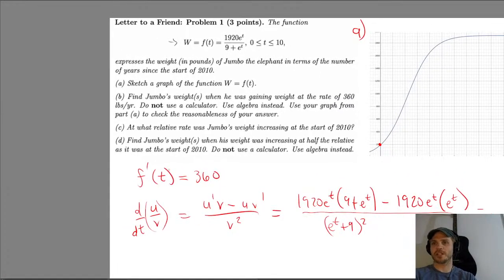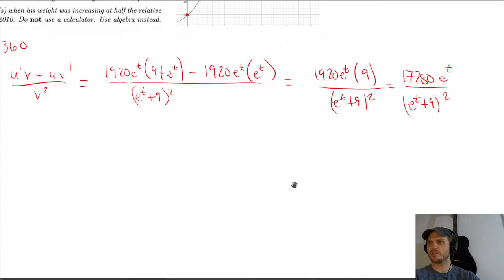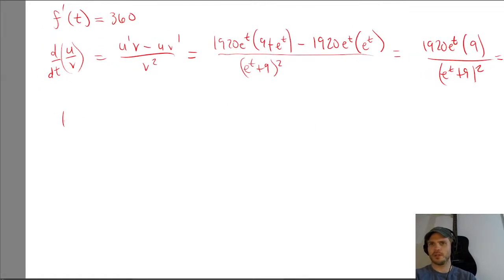And so let's go back to the question. It says find Jumbo's weight. So you want to know his weight. You want to know f of t at the time when he's gaining weight at 360 pounds per year. And so we need to set this equal to 360. So 17280 e to the t over e to the t plus 9 squared.